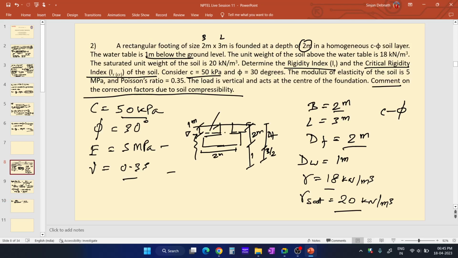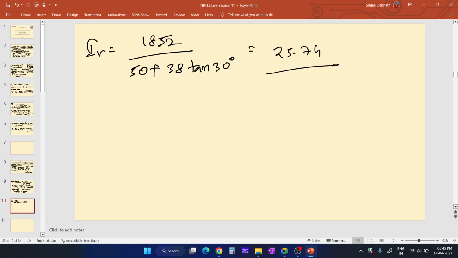Okay, we have also been asked to find out the critical rigidity index of soil, that is IRCR. So there is the equation. What is the equation?